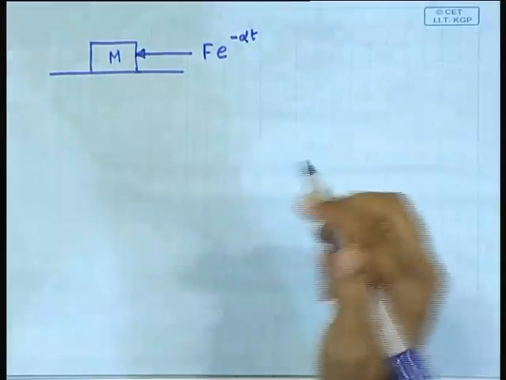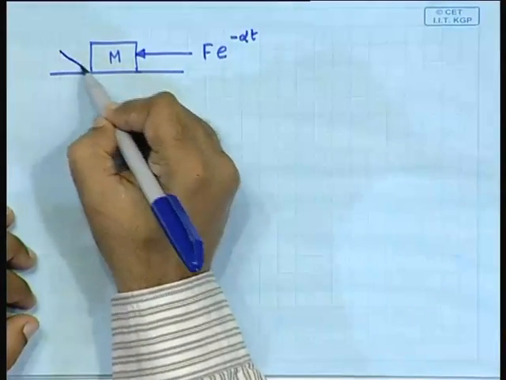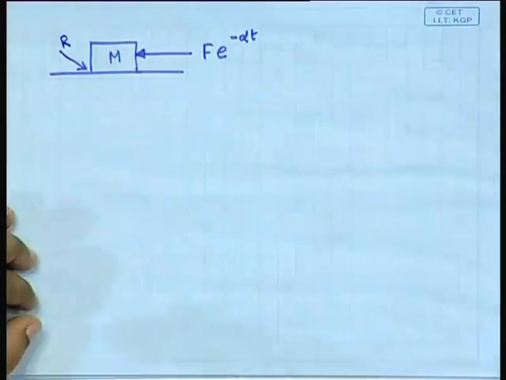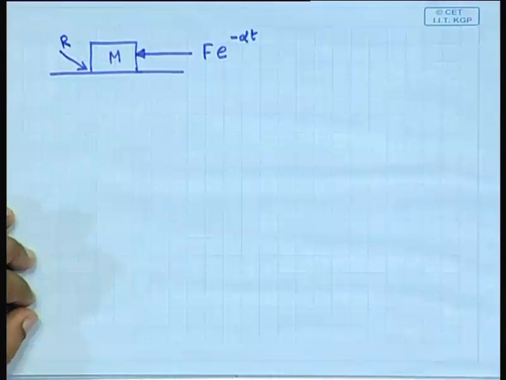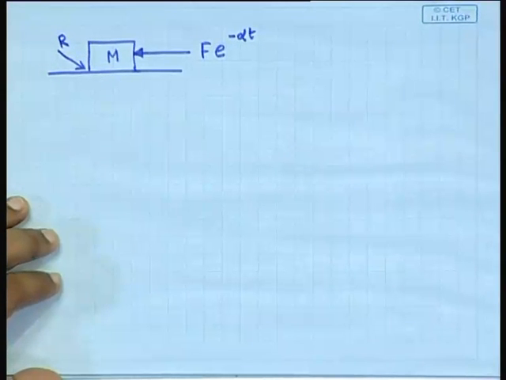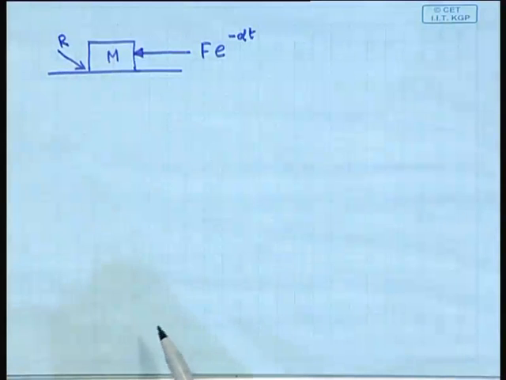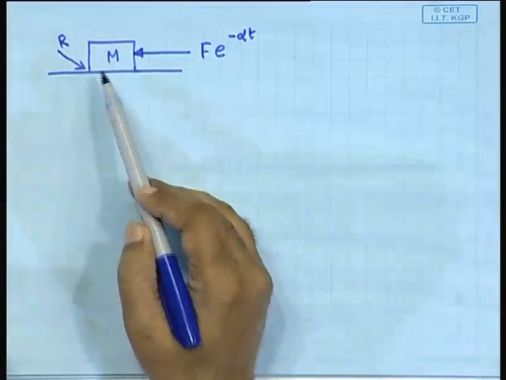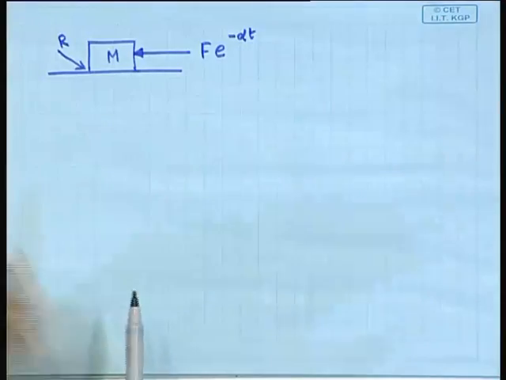And suppose at this point there is no spring or anything, but there is a friction, let that be a viscous friction of r. Fine. So, now what will be the dynamical equation or dynamical motion of this mass? That is the question. Can you do it?